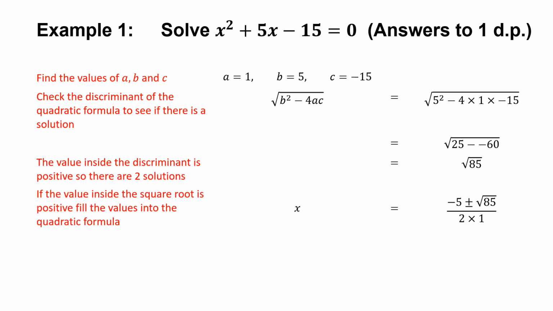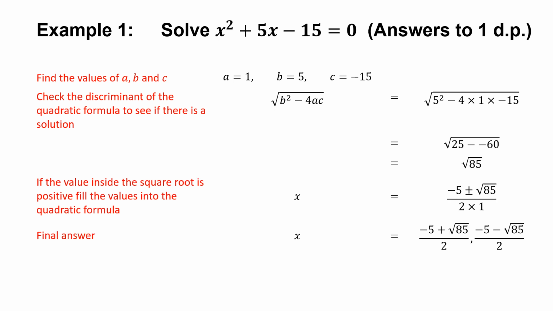So in this case, we have x is equal to, and going back to the original quadratic formula, minus b plus or minus the square root of b squared minus 4 times a times c over 2 times a. This becomes minus 5 plus or minus the square root of 85 over 2 times 1, which means our two solutions are minus 5 plus root 85 over 2 and minus 5 minus root 85 over 2.